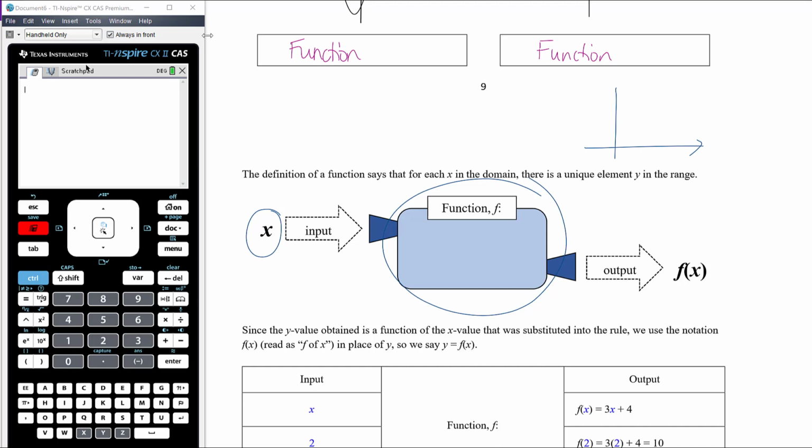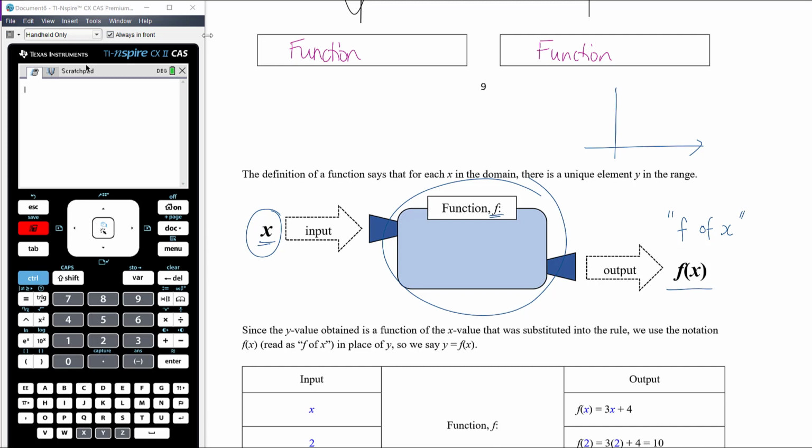Now the output value that comes out is a unique combination of the input value, x, and the rule, f. And so we don't need a new letter, y. We don't need to call it something else. We can simply call it f of x. That's how we read this: f of x, a function of x, a result of applying f to the input value x.